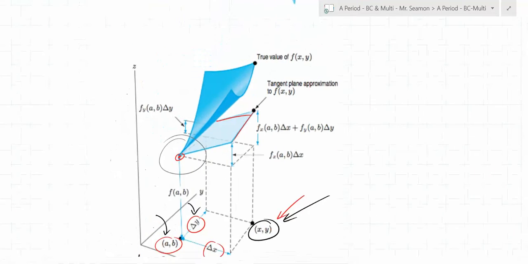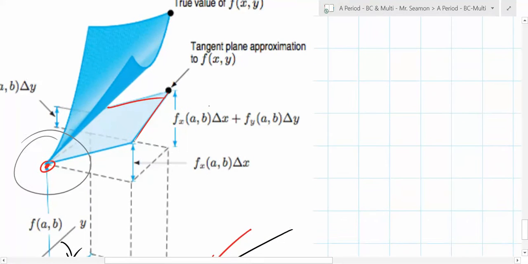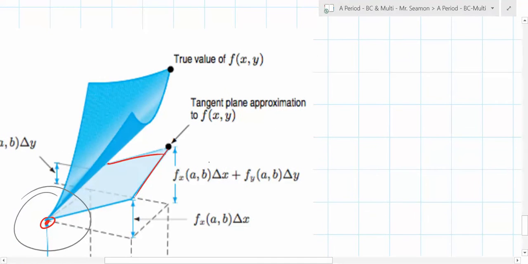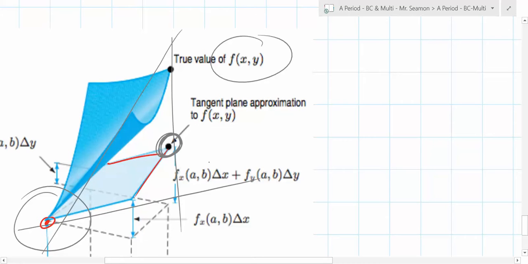Let's say we're having a very hard time estimating this value right here, the actual function value. You can find the tangent plane and then find this point right here. You've done this before, but in two dimensions. If I cut this plane right here at that angle, this would be identical to questions you've done before. We're just adding in another dimension.